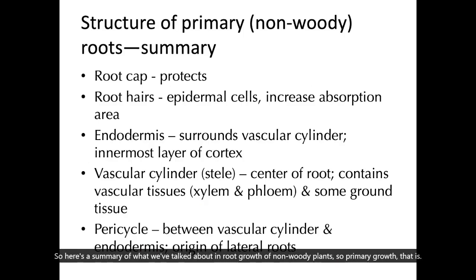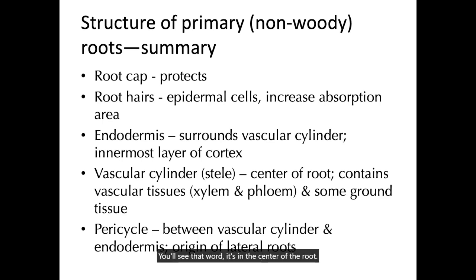So here's a summary of what we've talked about in root growth of non-woody plants. So primary growth, that is. So there's a root cap. There are root hairs that are epidermal cells. The endodermis surrounds the vascular cylinder. It's the innermost layer of the cortex. It is outside the vascular cylinder. The vascular cylinder is sometimes called the stele, S-T-E-L-E.